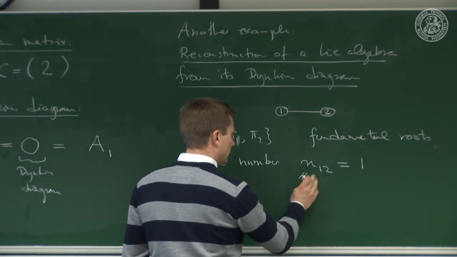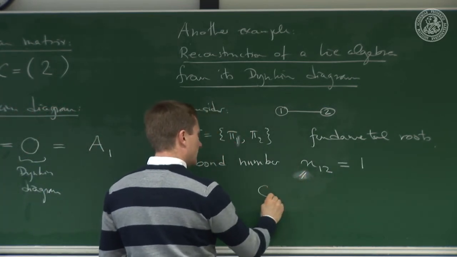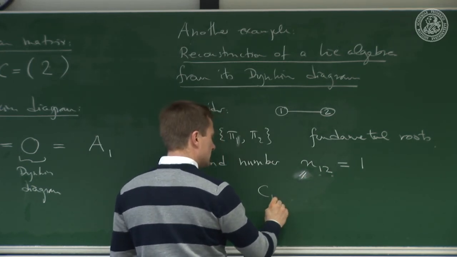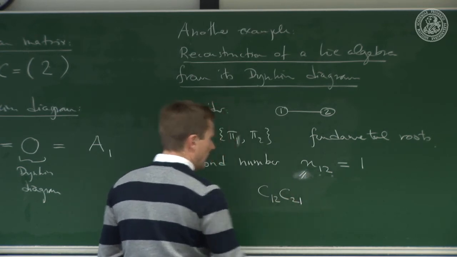Well, if you remember, the bond number n_ij was C_ij times C_ji. So C12 times C21.